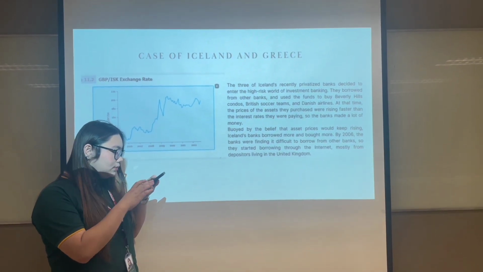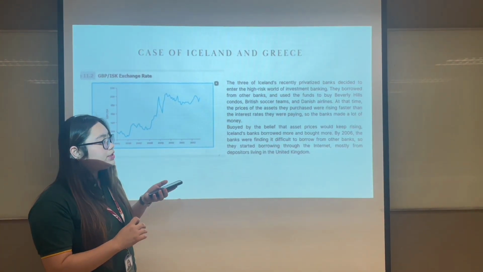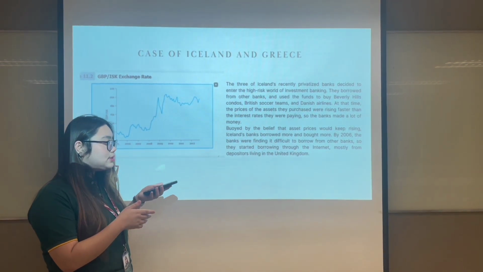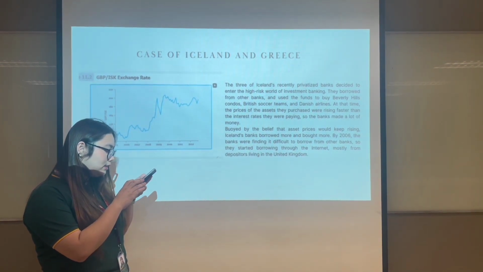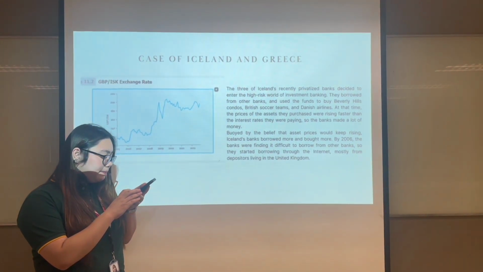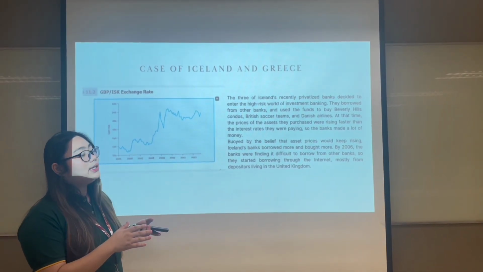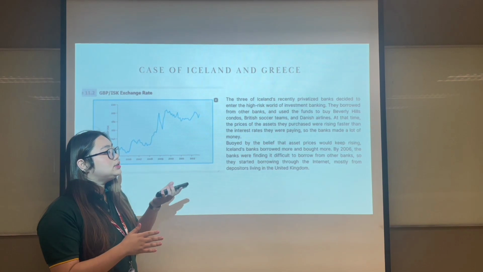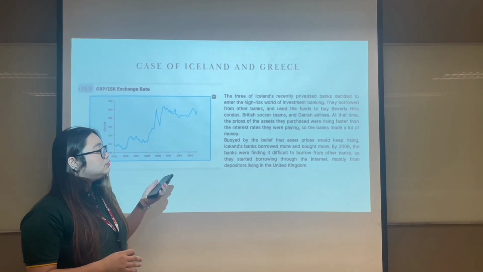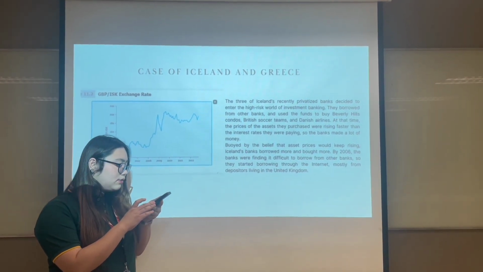So, yung nangyari is yung consumer debt, which is yung utang nila sa mga British, umabot ng 8 times than the national income. That's why yung krona nag-depreciate, and paying back foreign loans will be difficult for Iceland citizens since mas malaki na nga yung utang nila kaysa sa kinikita nila or sa ina-acquire nila dun sa mga assets na binili nila.